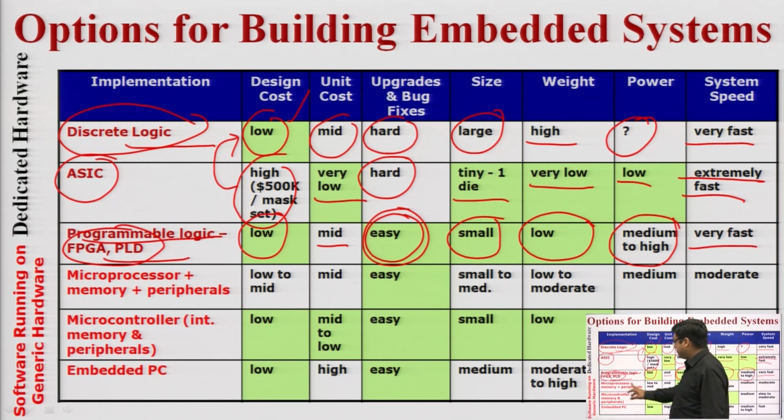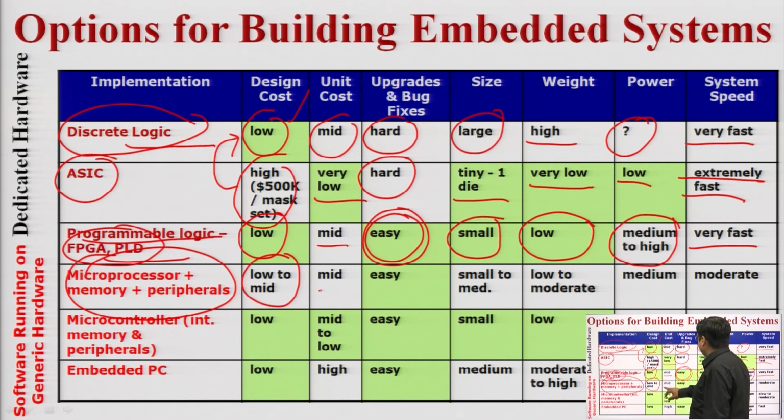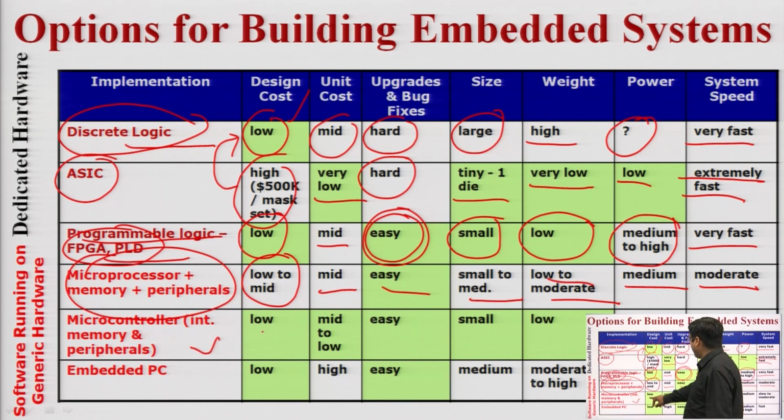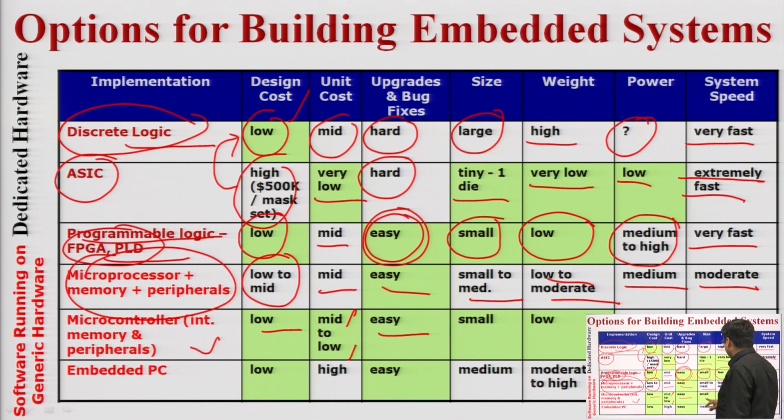By using the microprocessor plus memory plus peripherals, design cost may vary from low to middle, unit cost is middle, it is easy to upgrade, small to medium size, low to moderate weight, medium power and moderate speed. By using the microcontrollers, it has a low cost and unit cost varies from middle to low, it is easy to upgrade the system, it has a small size, low weight, medium power, and speed varying from slow to moderate.